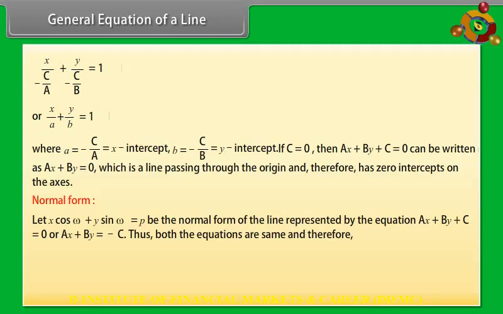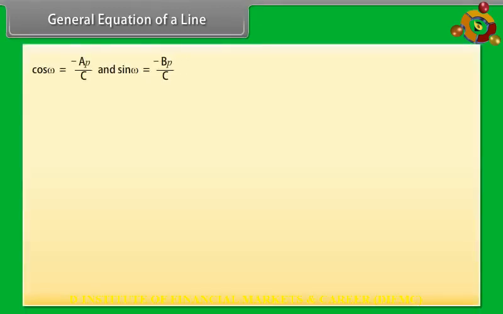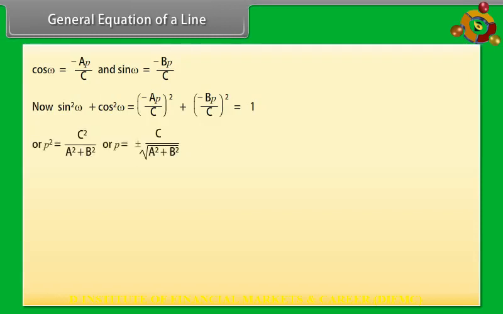Thus both the equations are the same, and therefore a/cos omega = b/sin omega = -c/p, which gives cos omega = -ap/c and sin omega = -bp/c. Now sin^2 omega + cos^2 omega = (-ap/c)^2 + (-bp/c)^2 = 1, or p^2 = c^2/(a^2 + b^2), or p = ±c/square root of (a^2 + b^2).